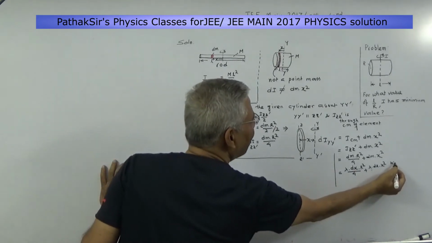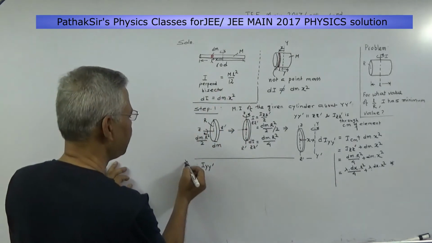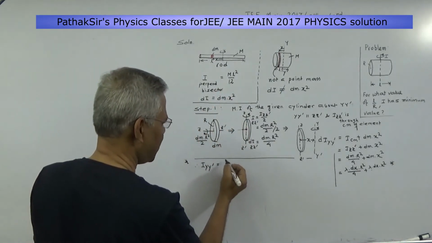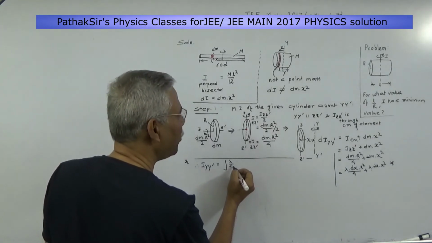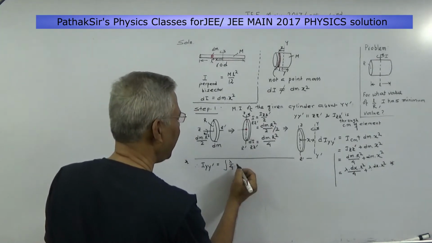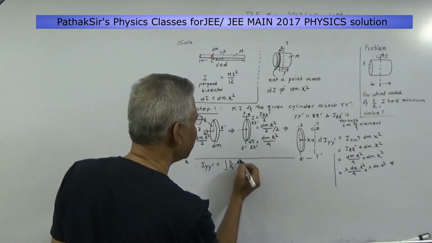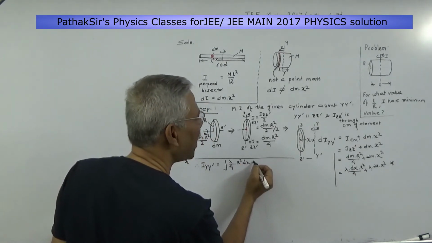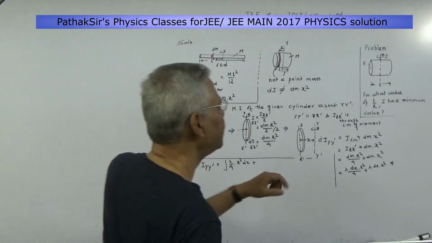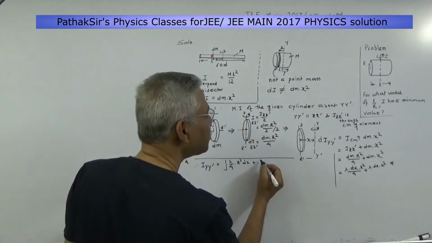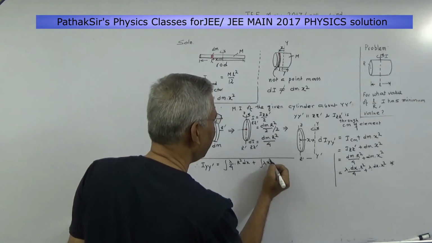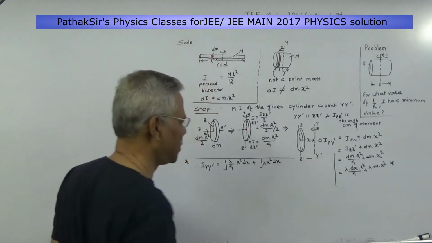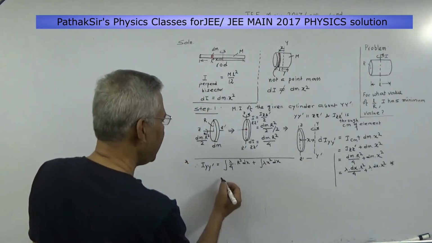After this, I_YY dash equals integration of lambda by 4 r square dx plus integration of lambda x square dx.